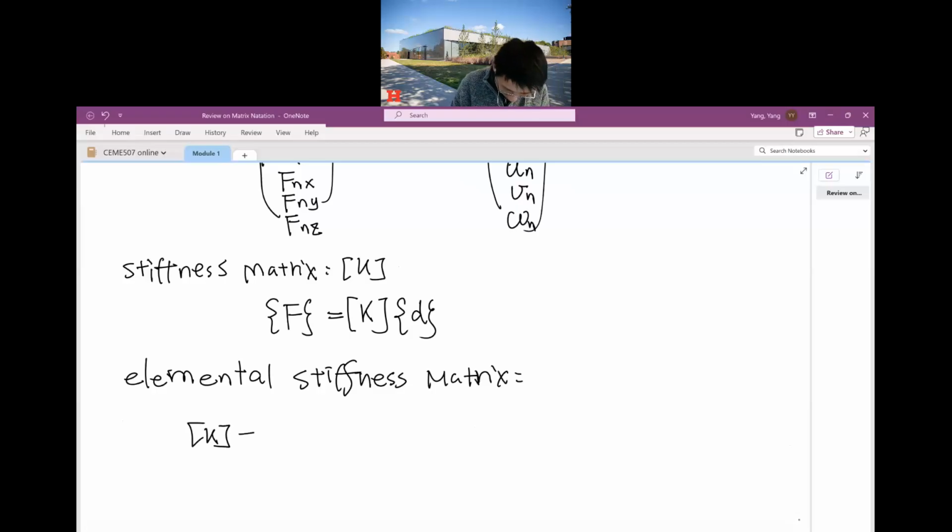So we have the elemental, so we use the lowercase k. So depending on how many nodes are in one element, we can have the n times n size elemental matrix here.